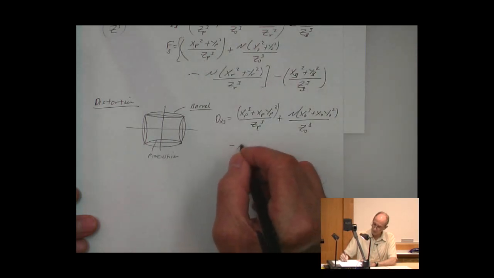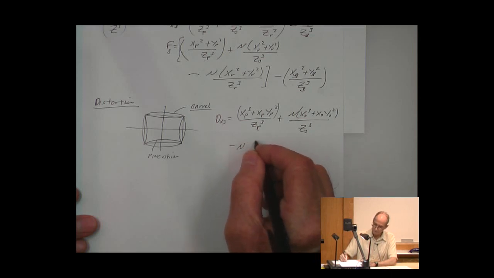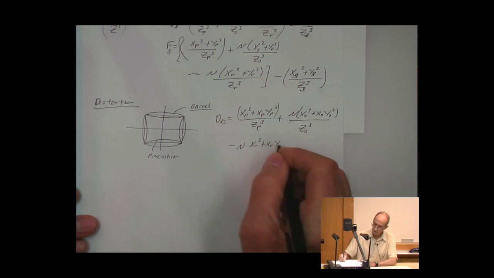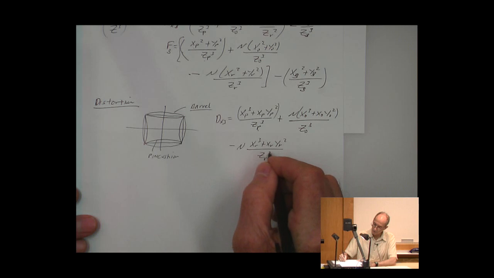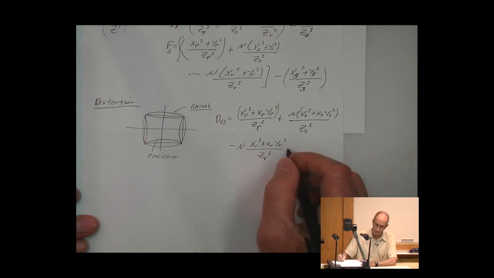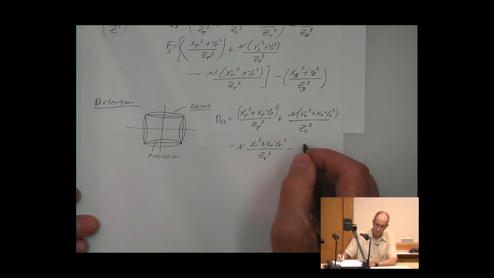So we have minus mu xr cubed plus xr yr squared over zr cubed, and then we have minus x, I don't know why, in my notes are wrong.